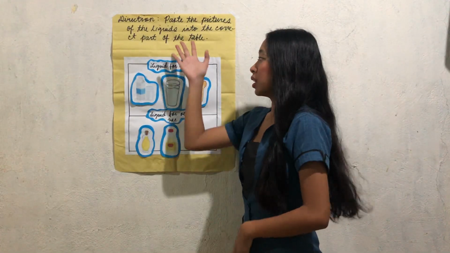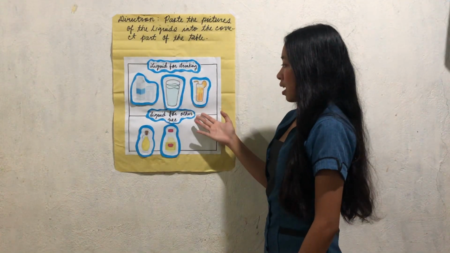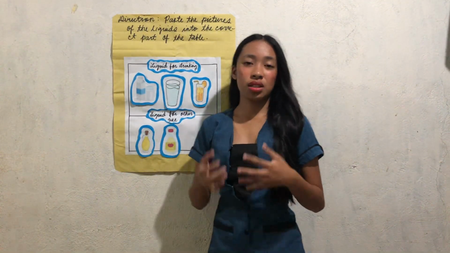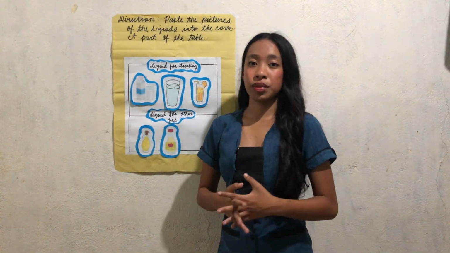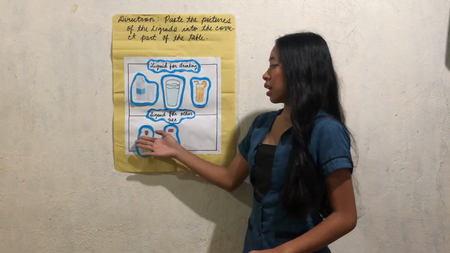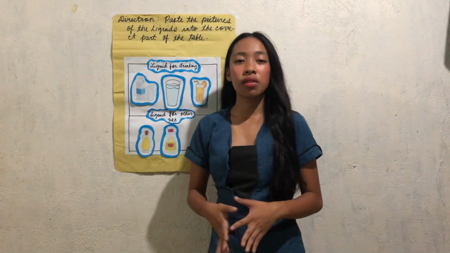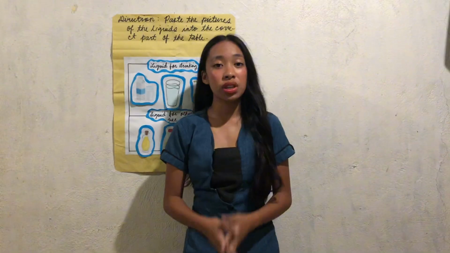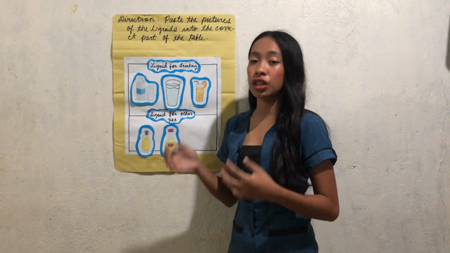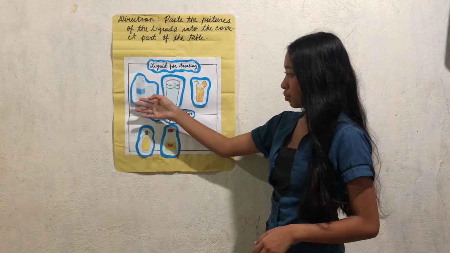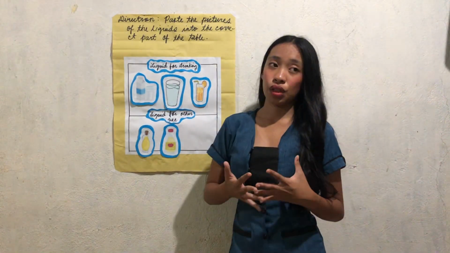So, group 1, this is the answer. And what liquids are used for other purposes? The oil and vinegar. Describe the differences between liquids for drinking and liquids for other uses. Let's describe it. What do you think?